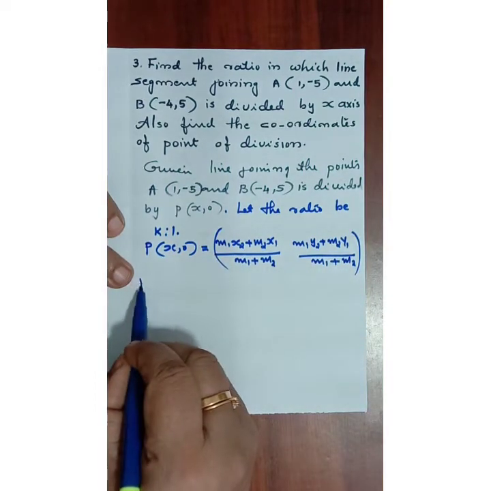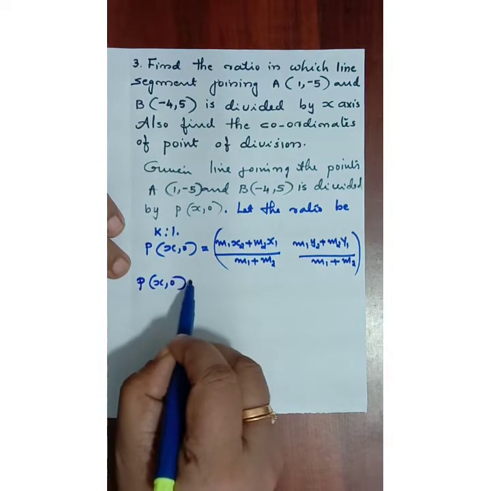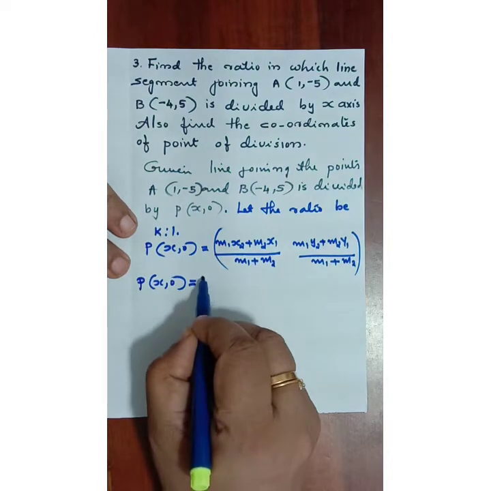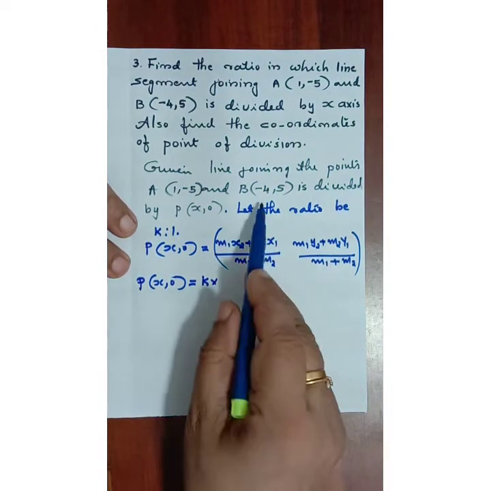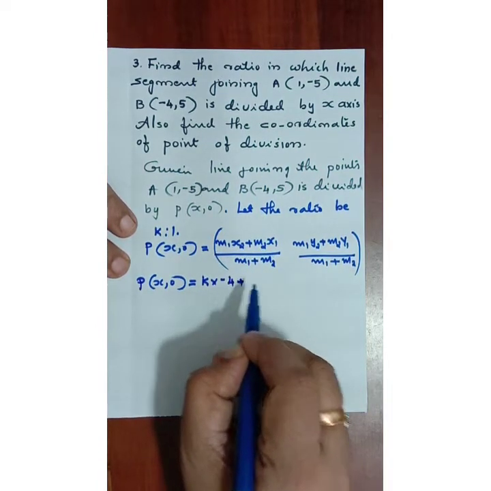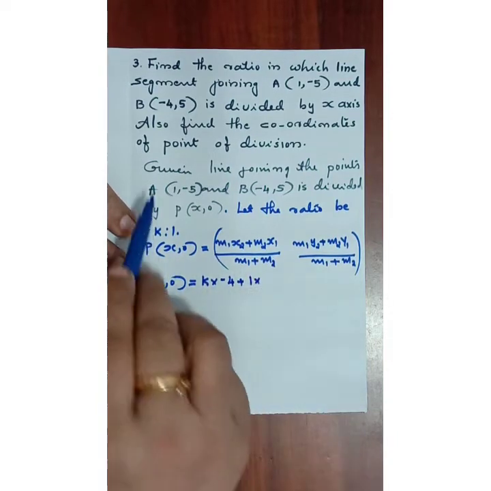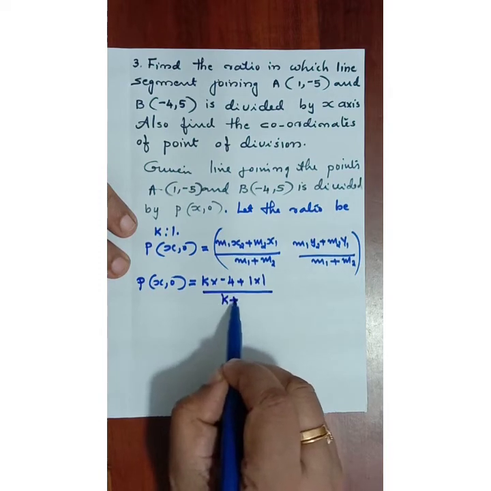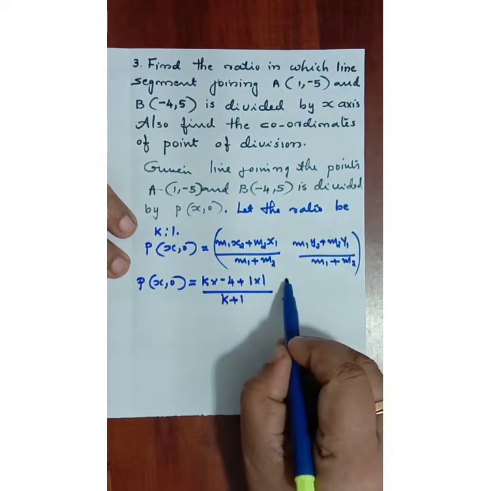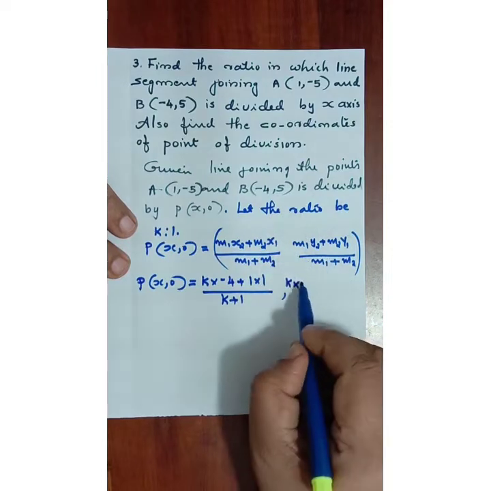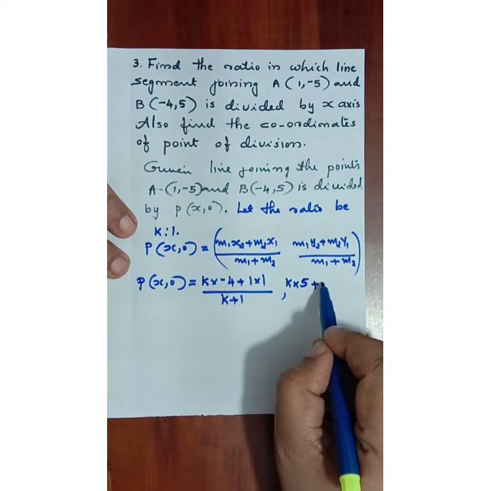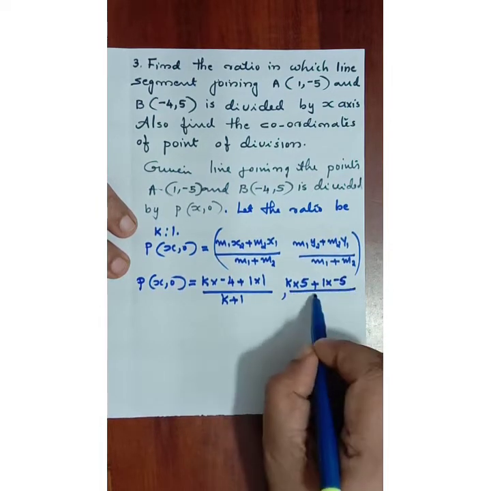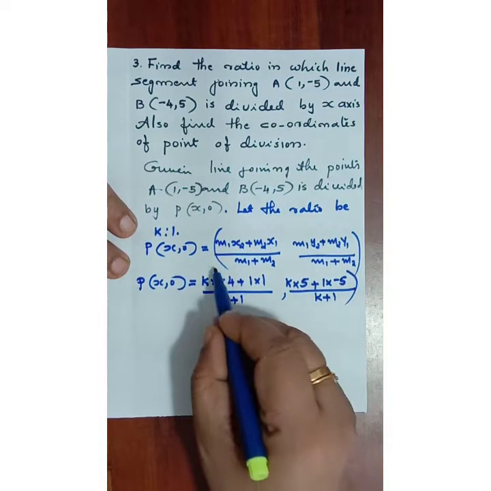Then we substitute: k is to 1 is m1 is to m2, so k into x2, x2 is -4, plus m2 which is 1 into x1 which is 1, divided by m1 + m2. Then m1y2, k into y2 which is 5, plus m2 into y1 which is -5, divided by m1 + m2.